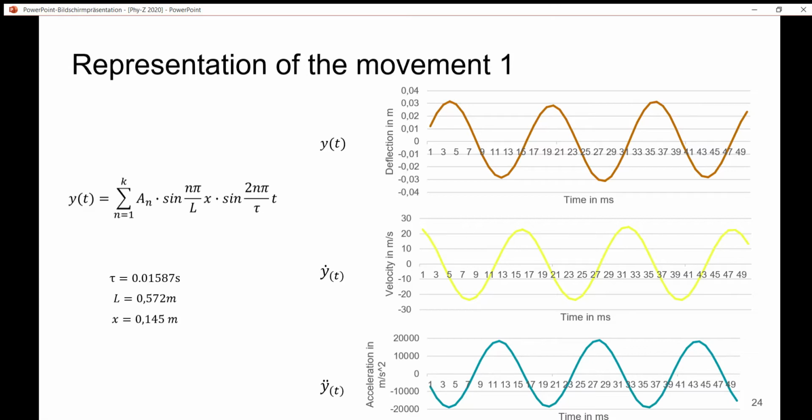So now I plotted 3 graphs. One is deflection in meters over time, and then the velocity of the string over time, and the acceleration of the string over time. So as you can see, it really describes well how the string moves.